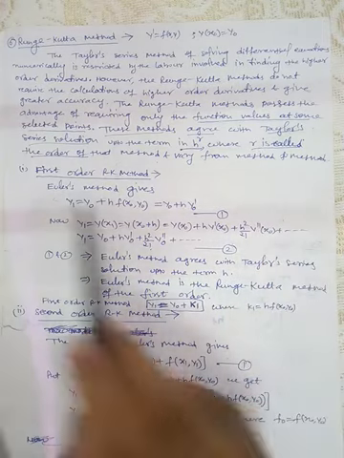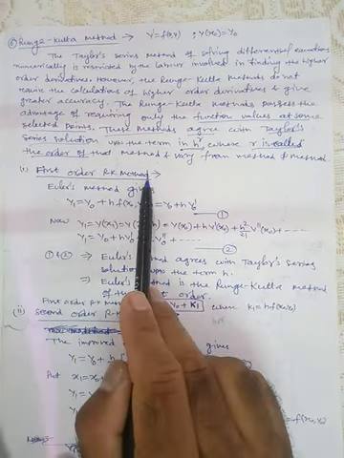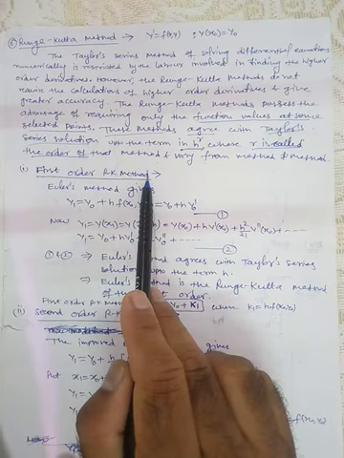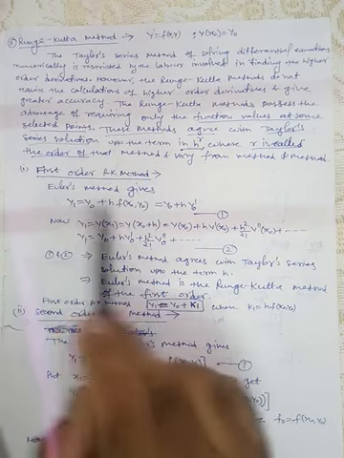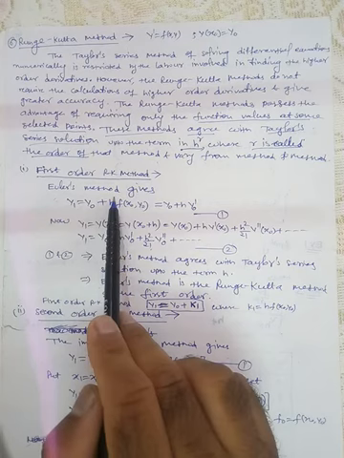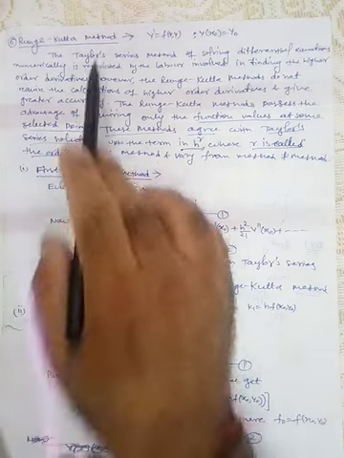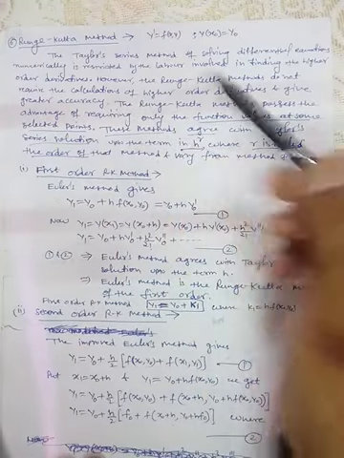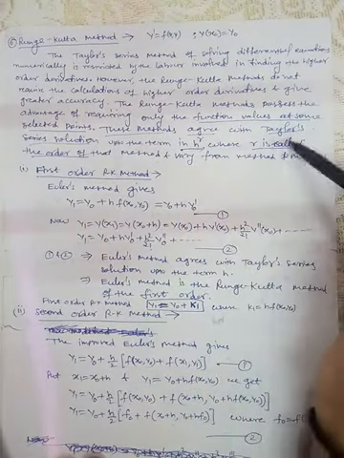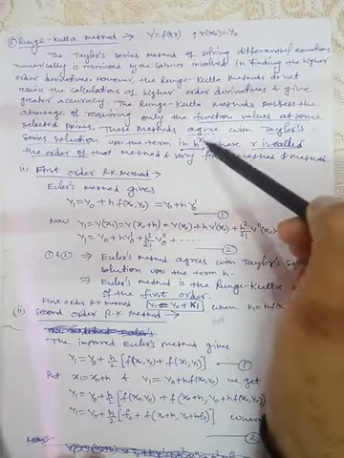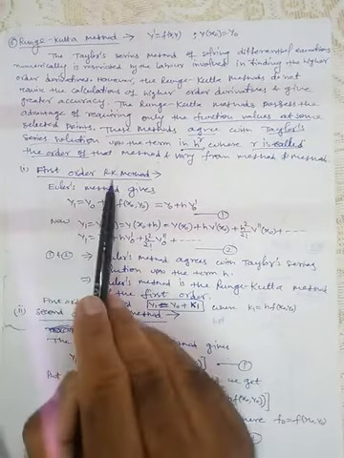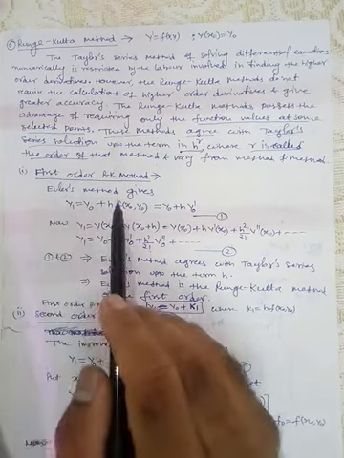Here, first order Runge-Kutta means we need only first degree accuracy. Euler's method is basically the first order Runge-Kutta method. Any method which agrees with the Taylor series method up to order r is known as a Runge-Kutta method. So the Runge-Kutta method of order 1 is basically Euler's method.